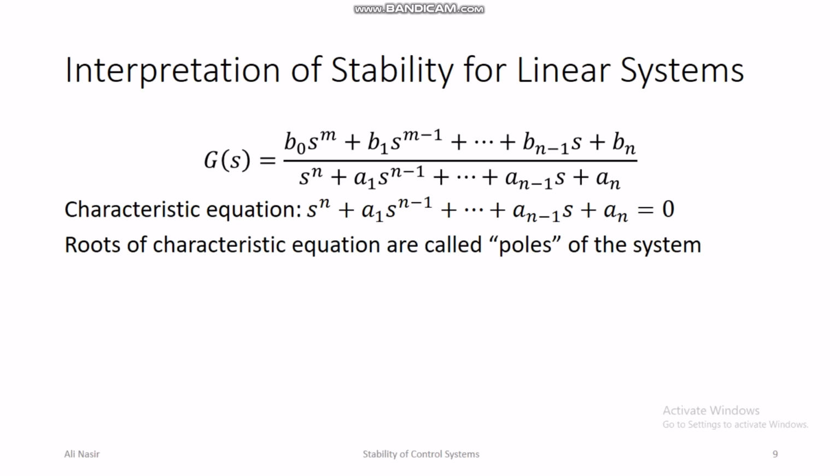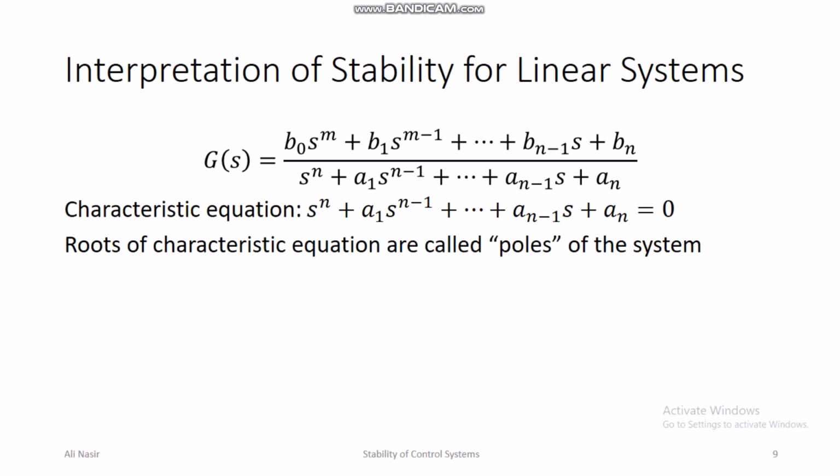The stability of a linear time invariant system is calculated with the help of its poles. So if you want to determine whether an LTI system is stable, asymptotically stable or globally asymptotically stable, you have to calculate the poles of its transfer function. Once you calculate the poles, their location will tell you whether the system is asymptotically stable or globally asymptotically stable.